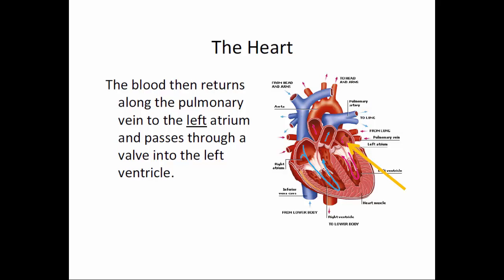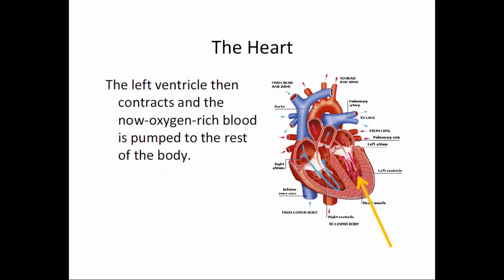But then we still need to take that oxygenated blood and move it to the rest of the body. This is done by the blood coming from the lungs in the pulmonary vein into the left atrium and then through a valve into the left ventricle. And finally, the left ventricle contracts, the oxygen-rich blood pumps to the rest of the body.